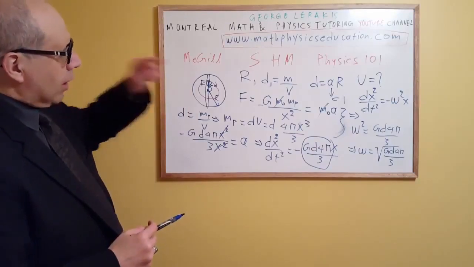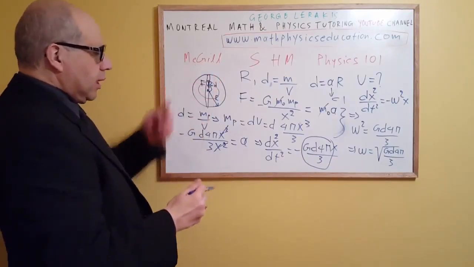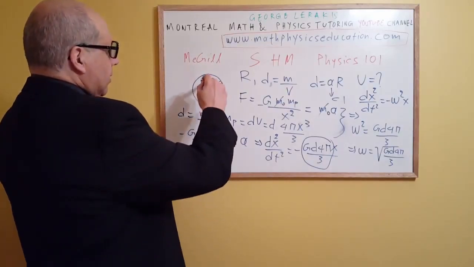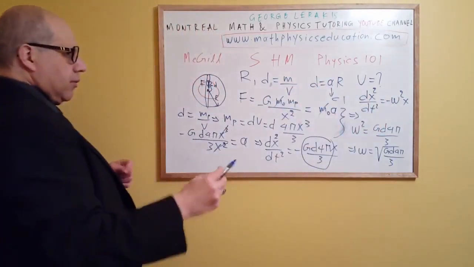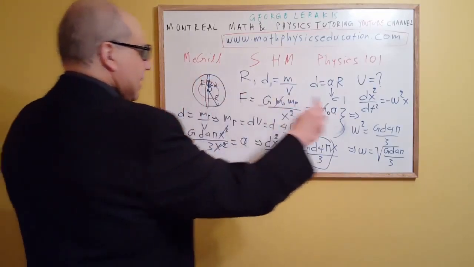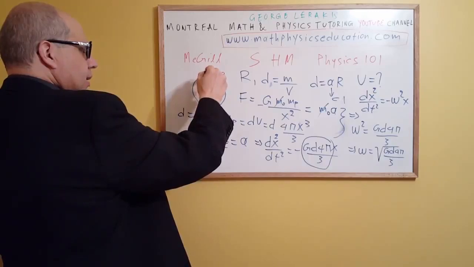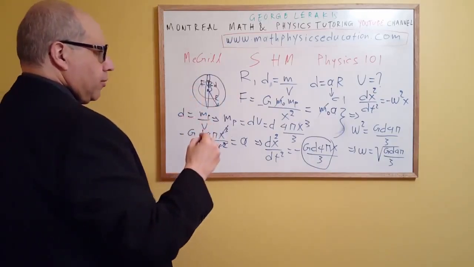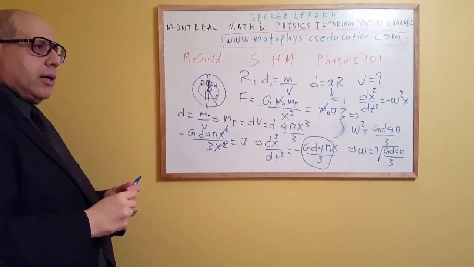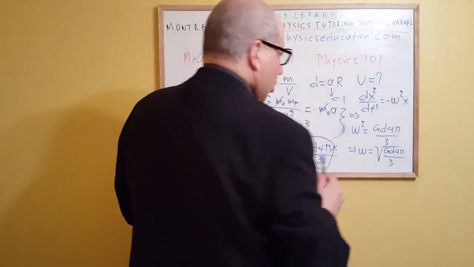And what angular velocity is this here? Because we proved that the object is doing a simple harmonic motion, if you remember from the definition of simple harmonic motion, this omega corresponds to an object that is moving on the surface of the planet, doing a circular motion with constant angular velocity, which is equal to omega.